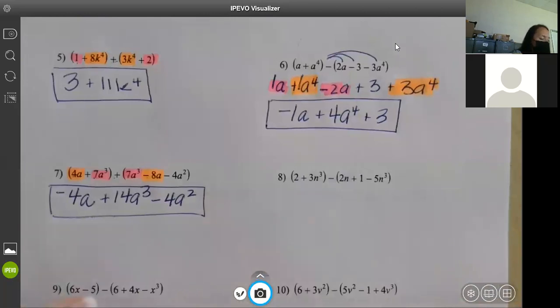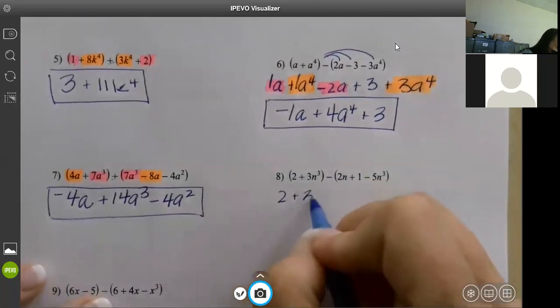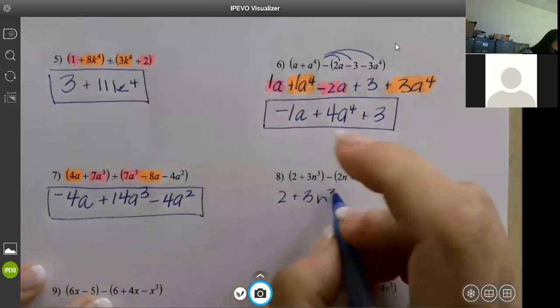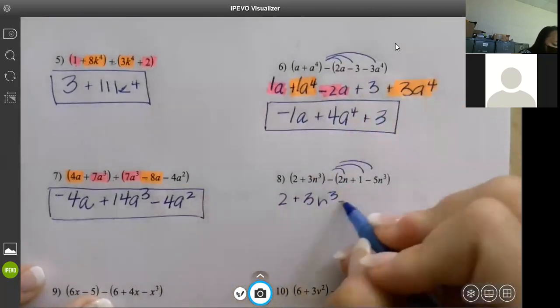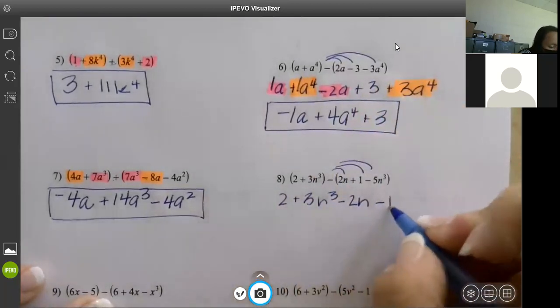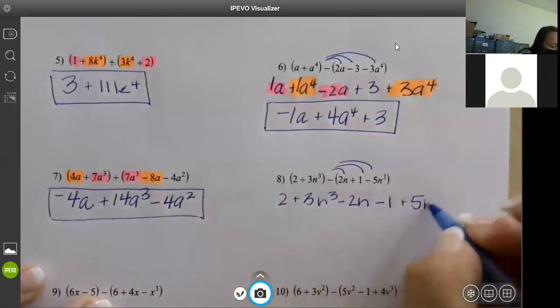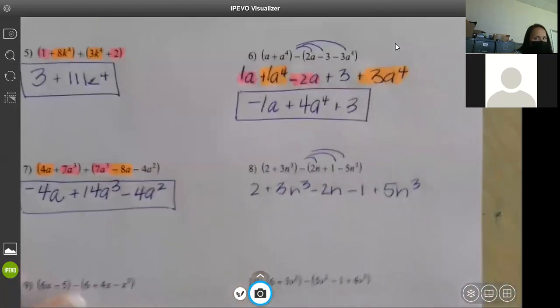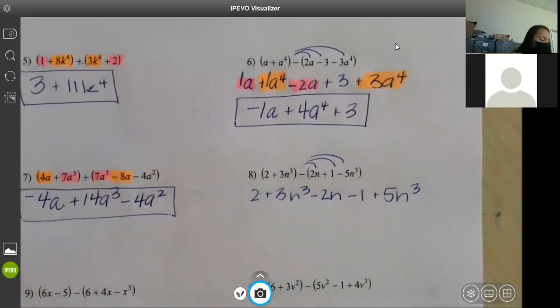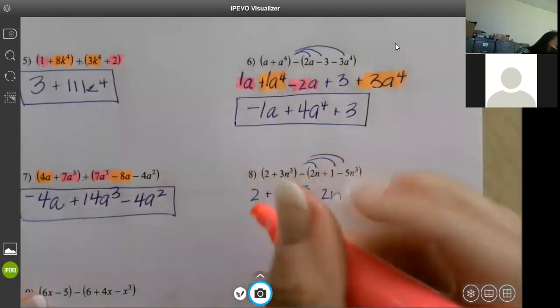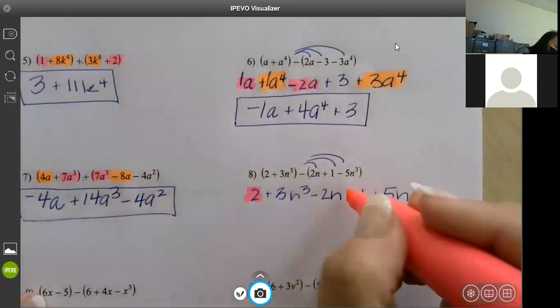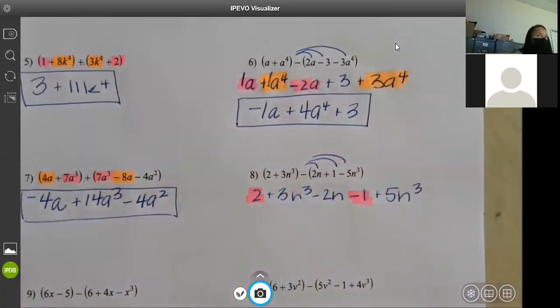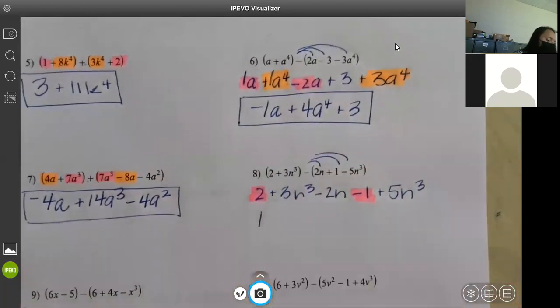Same thing on the next one. We write the first one. And we change the last one, a -2n, a -1, and a +5n cubed. We have a plain 2 and a plain -1. 2 minus 1 is 1.